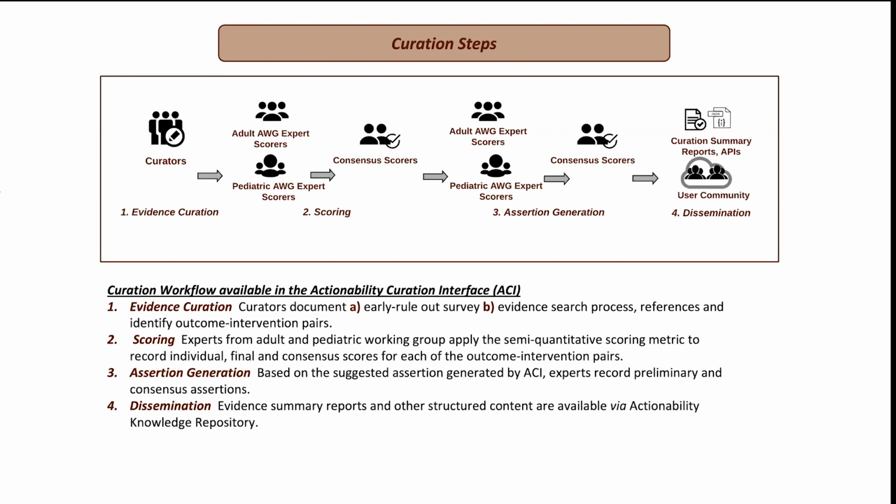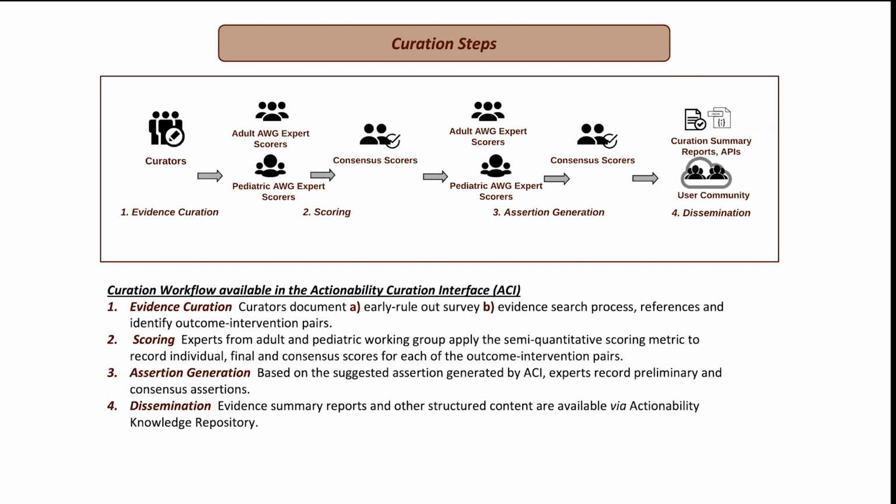Once the Actionability working group members nominate a set of gene and disease pairs for curation, a topic is created and they start curating evidence. They start with an early rule out survey to determine if there is enough evidence to proceed with the actionability report. If not, they stop there, or else they proceed with the evidence search process, which is quite elaborate.